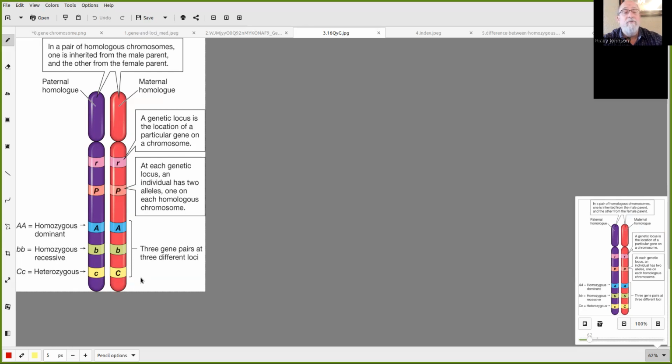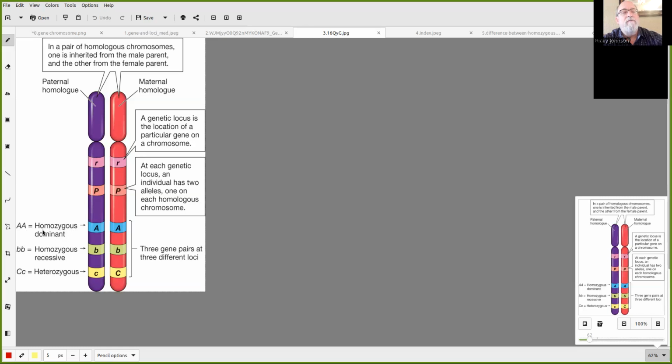Now we have to have a terminology. You always have to have a new term to describe what you're talking about. Whenever you have big letters, we're going to call that dominant. And whenever you have little letters, we're going to call that recessive. So if I have two big A's right here, we say that is homozygous dominant. Homo means the same.